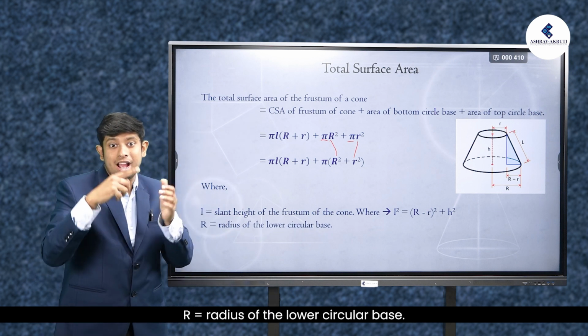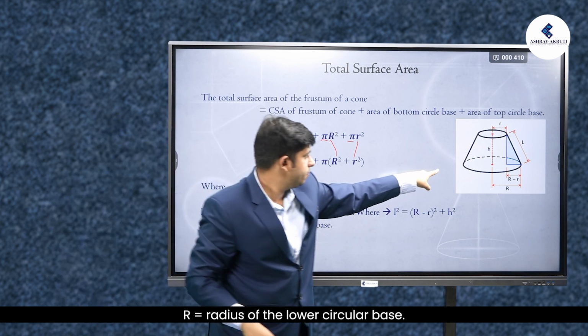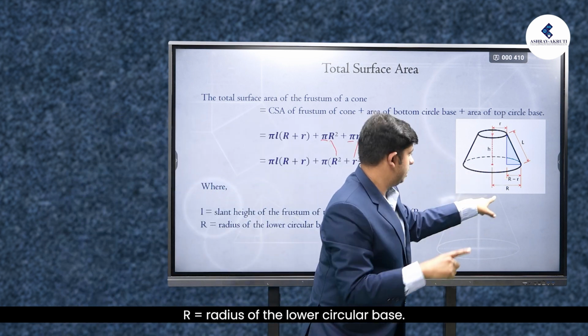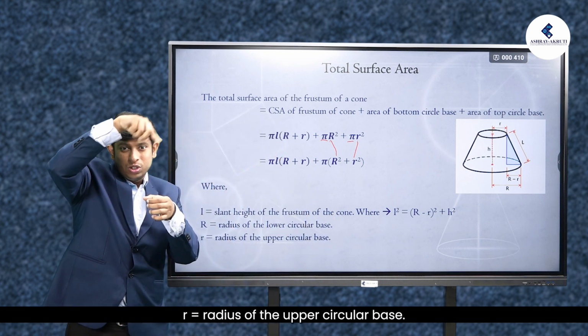Capital R is equal to radius of lower circular base, small r is equal to radius of the upper circular base.